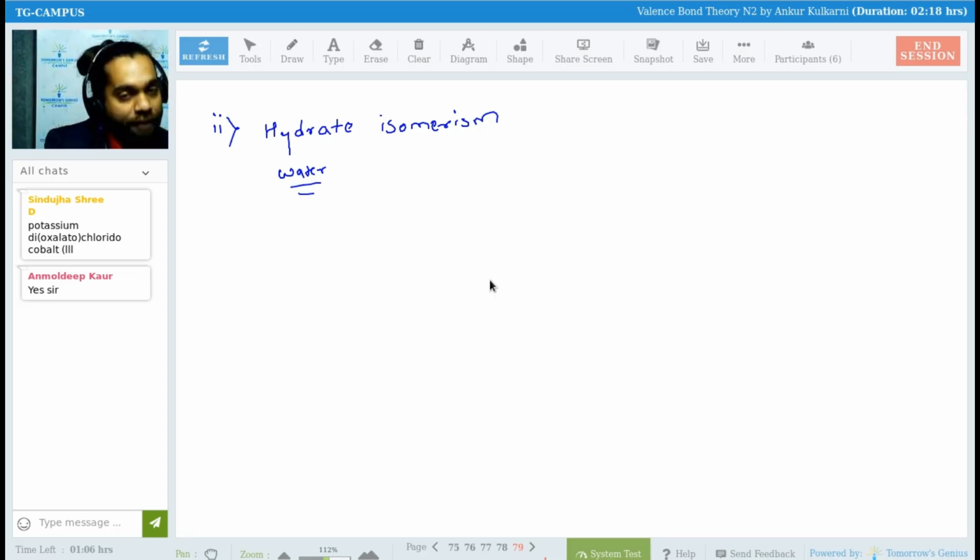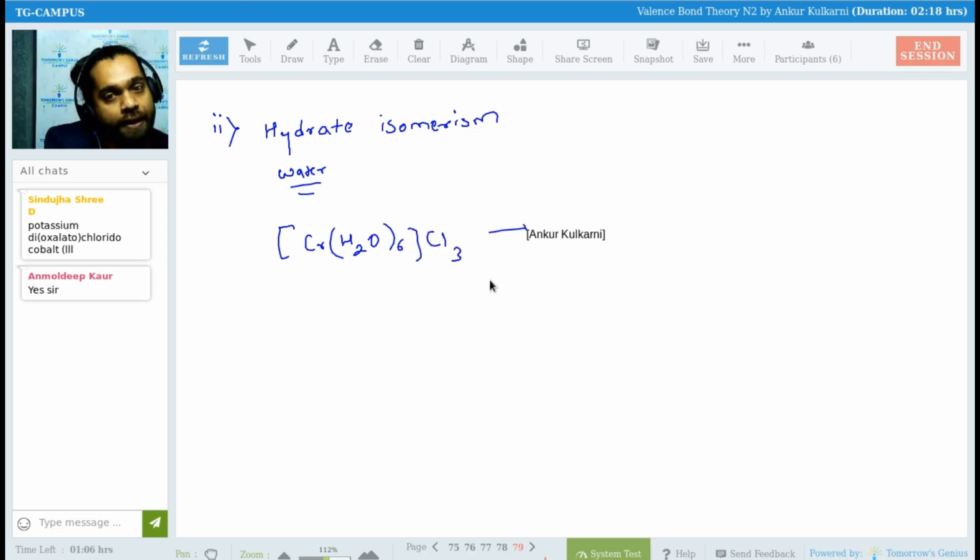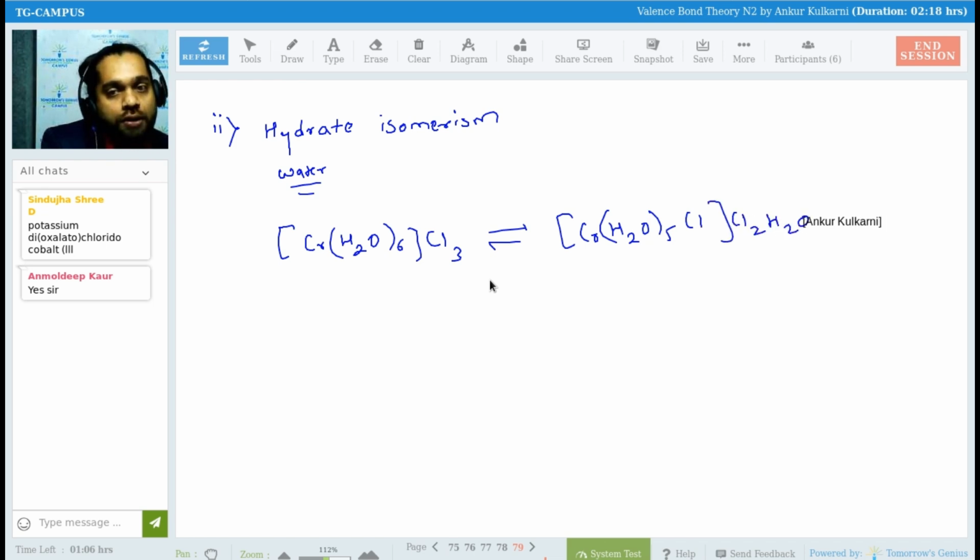For example, if I have a complex like, let us say, Cr(H2O)6 Cl3, my hydrate isomer will be what? One of the water ligands will get exchanged with the counter ion. Cl2 H2O. One more I can draw: one more H2O getting exchanged with the Cl.